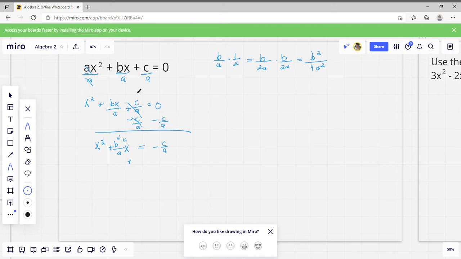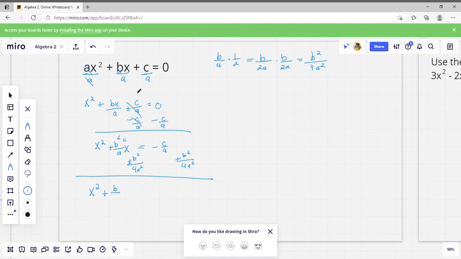So we're going to add it right here, b squared over 4a squared, and we're going to add it right here. That's just what we do when we do completing the square, except we're doing it with variables, letters, to represent what our coefficients would be.